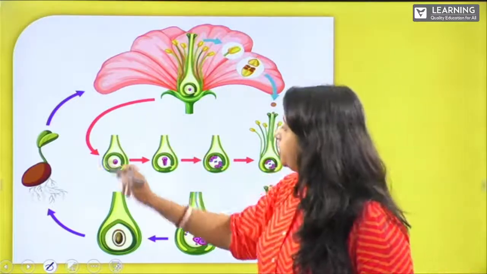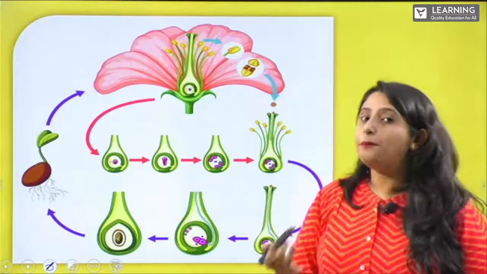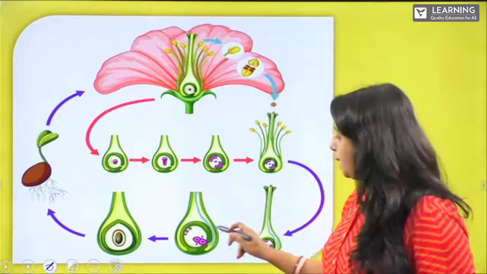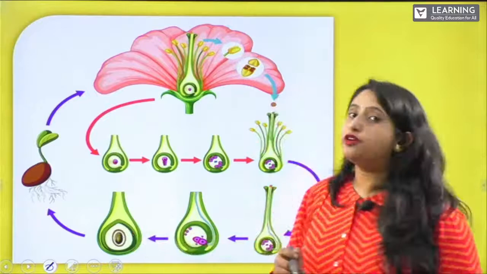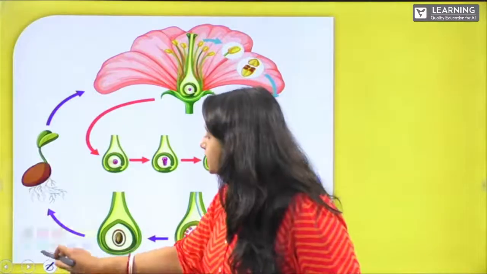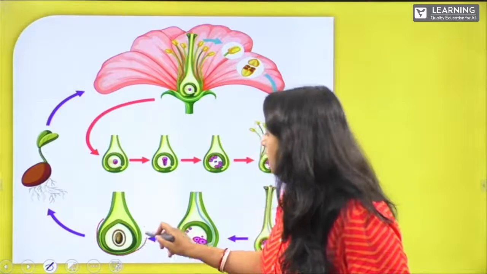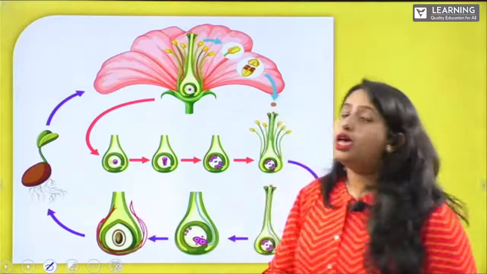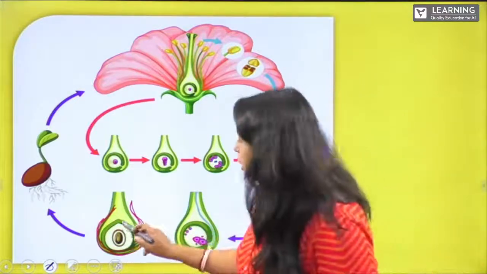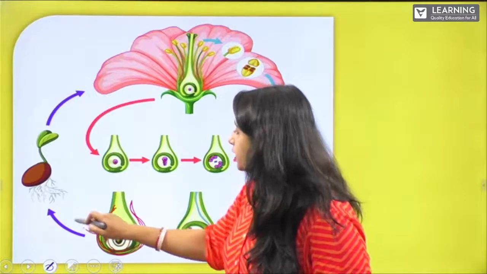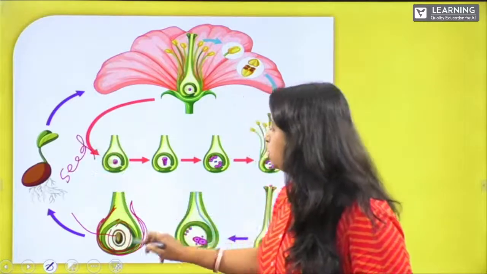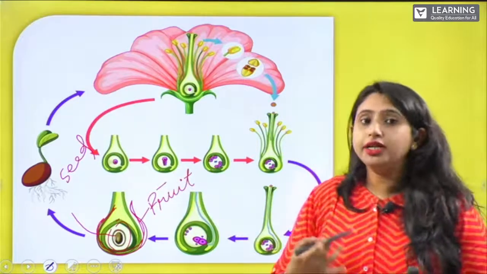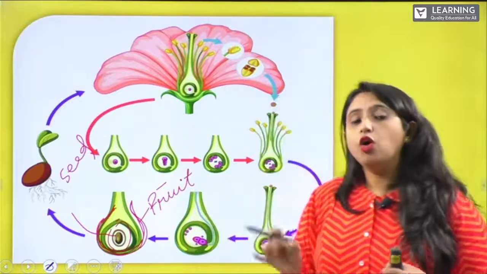When the pollen and pistil interact, it leads to the formation of an embryo, and after the embryo matures, the seed is formed from the ovule, and the full ovary turns into the fruit. A fruit is nothing but a ripened ovary.